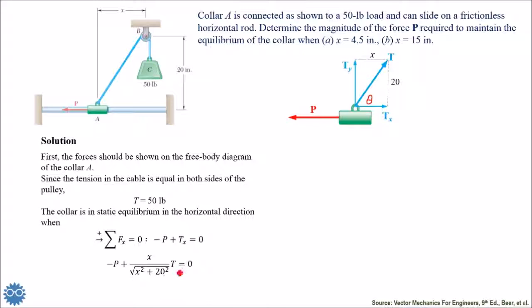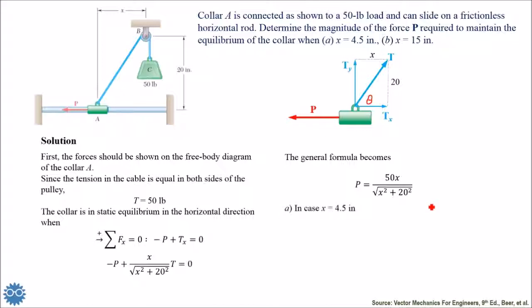Now, by substituting the value of T and rearranging this equation, we can get the general formula as P equals 50 x over the square root of x squared plus 20 squared.